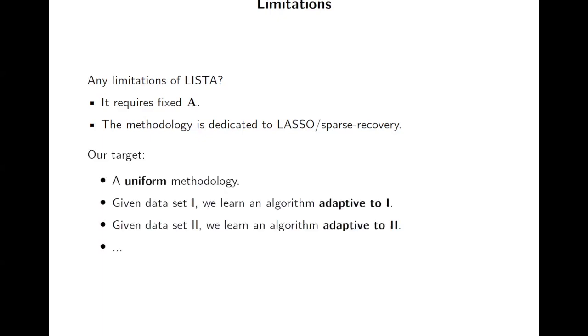So an ideal story is to find a uniform methodology. When we get one data set, an algorithm can be learned and made adaptive to it. If we have another one, it can adapt to that one too. That would be a better case. Next, I will show how to achieve this goal.